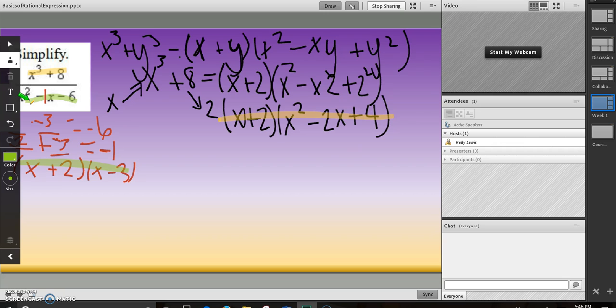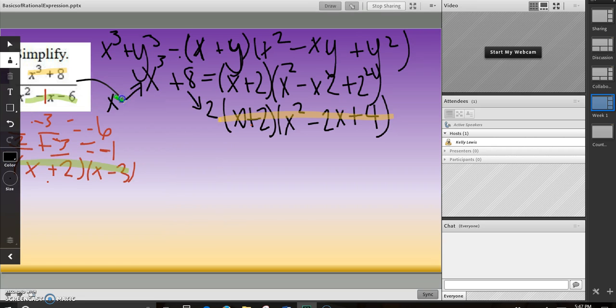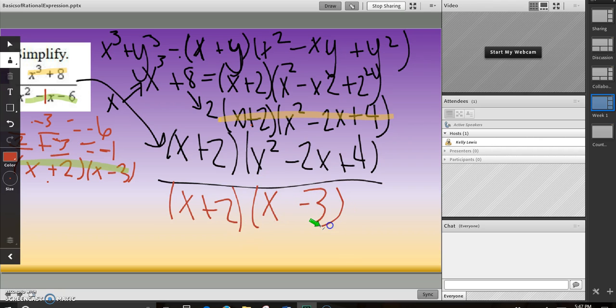Notice we know we're on the right track because we have an x plus 2 and we have an x plus 2. I'm going to rewrite this guy using only our factors: x plus 2, x squared minus 2x plus 4, and then we had x plus 2, x minus 3.